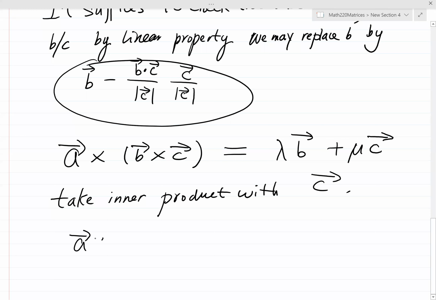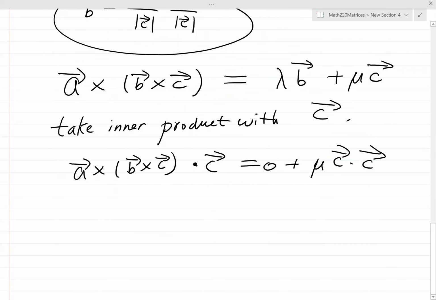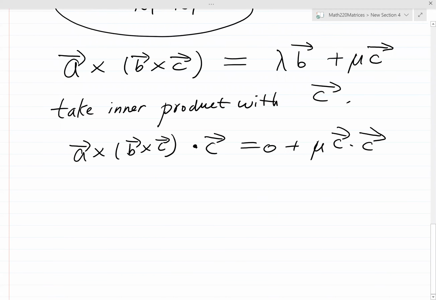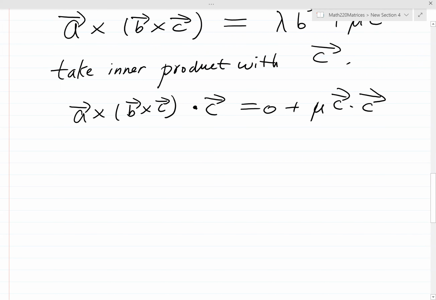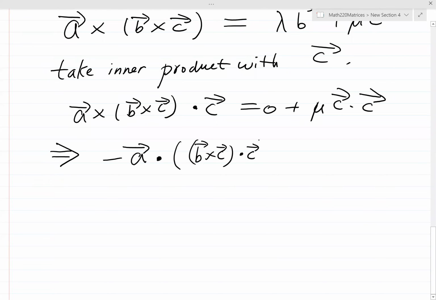Then we get A cross B cross C dotted with C is 0 plus mu C dot C. Using the property of dot product and cross product, we get negative A dot B cross C dot C. Sorry, it should be this.